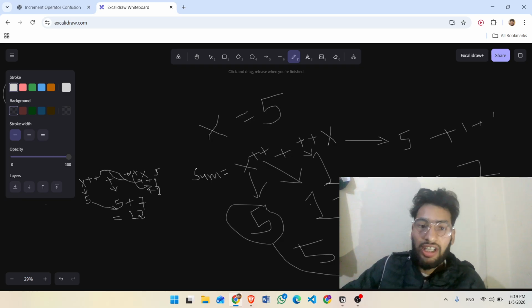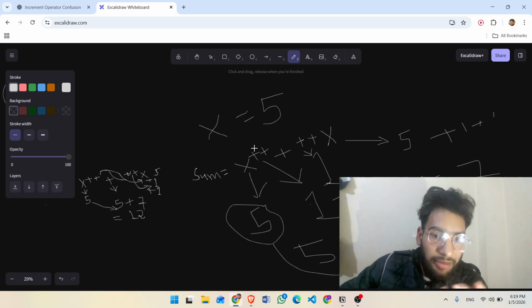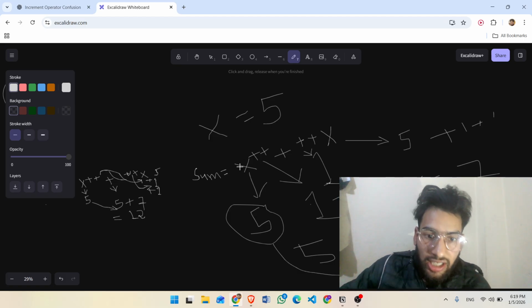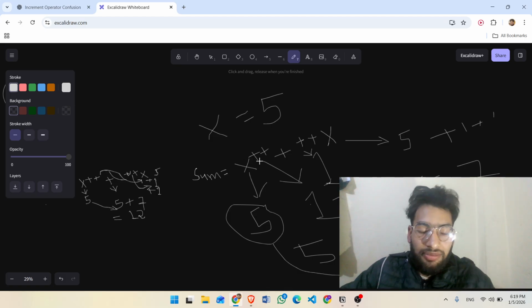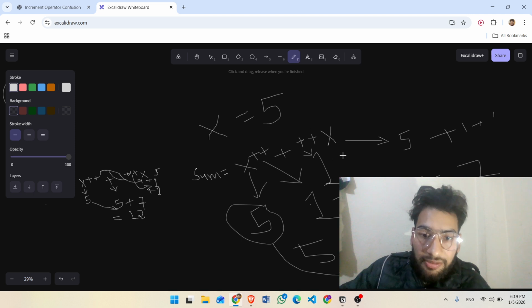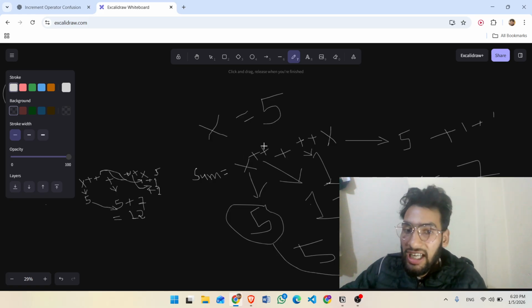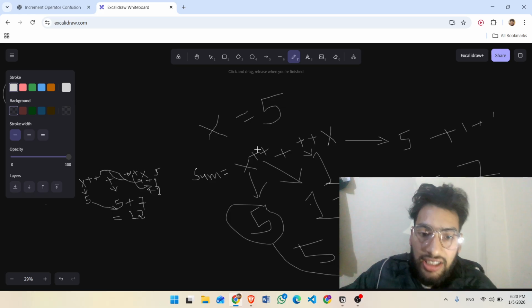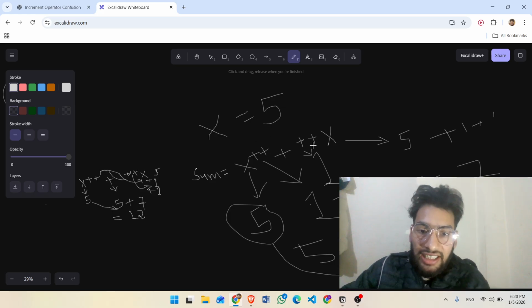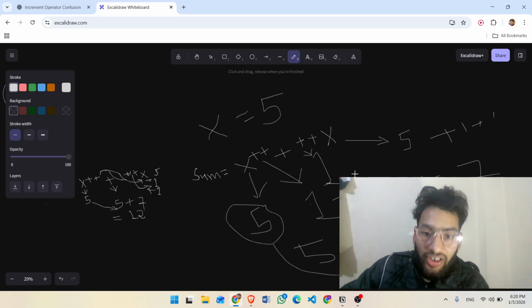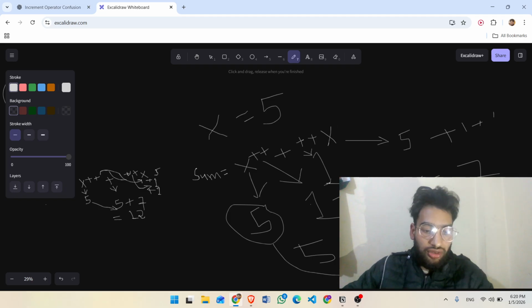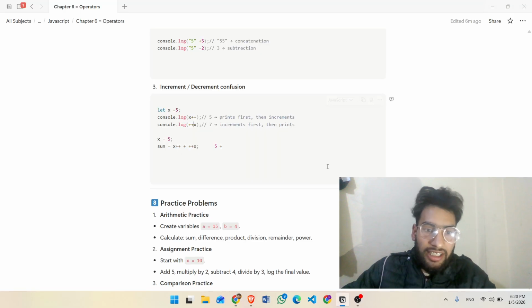This is the rule of increment. When plus plus comes last, it prints first and increases later. When plus plus comes first, it increases first and prints later. Don't be confused here. So that is the rule of increment and decrement.